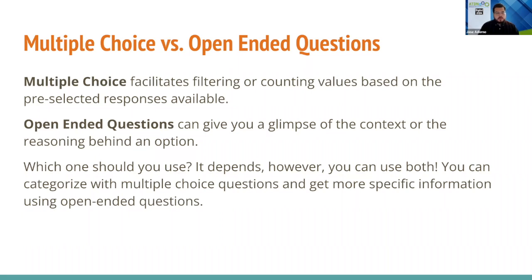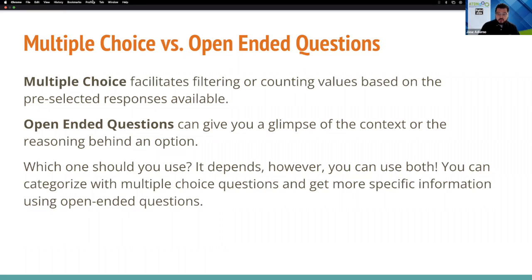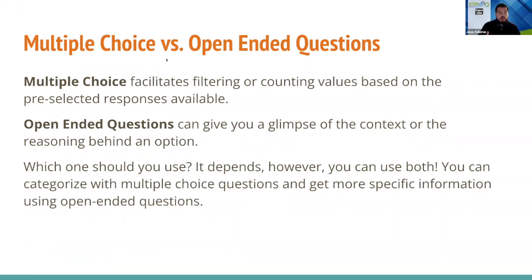So there's always this question: should you ask a multiple choice or an open-ended question? When we're looking at data, there's something specific we need to keep in mind. If we want to collect data, open-ended questions tend to be too broad, and it's difficult for us to narrow down or categorize the data.